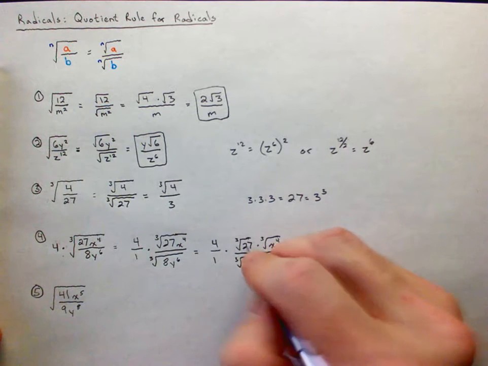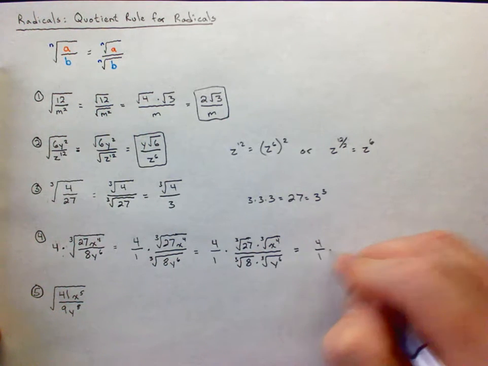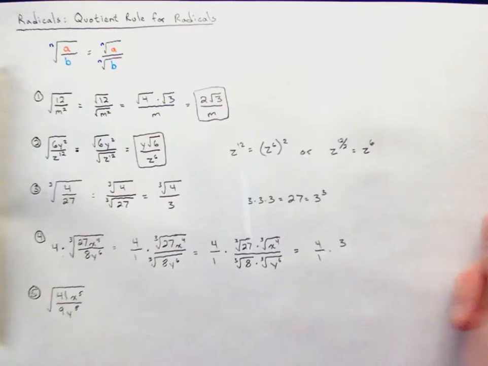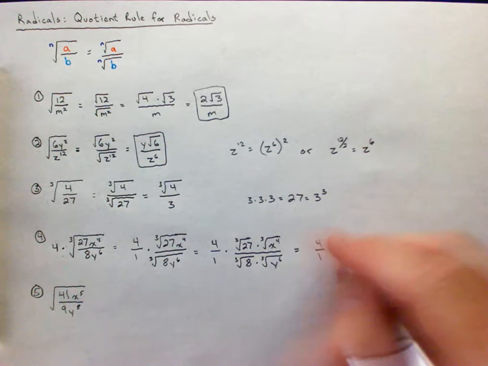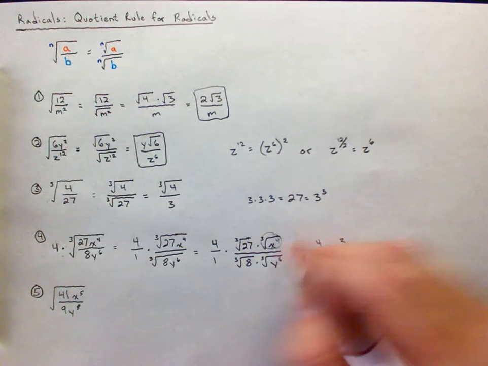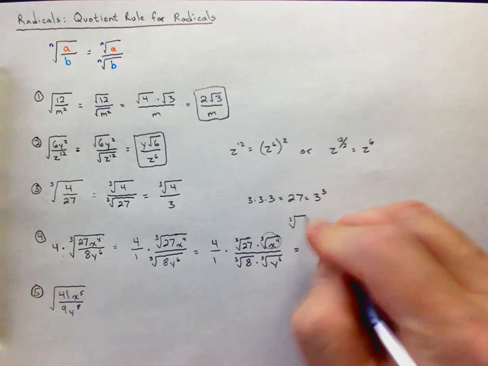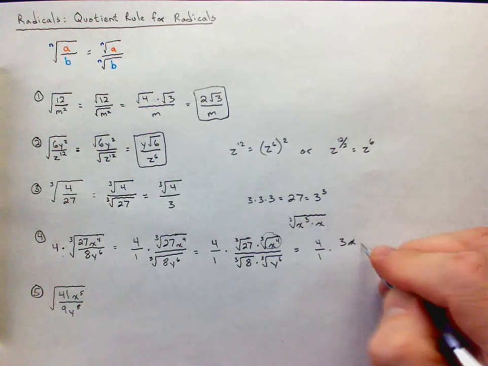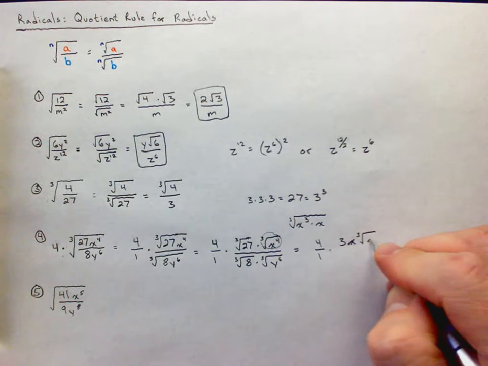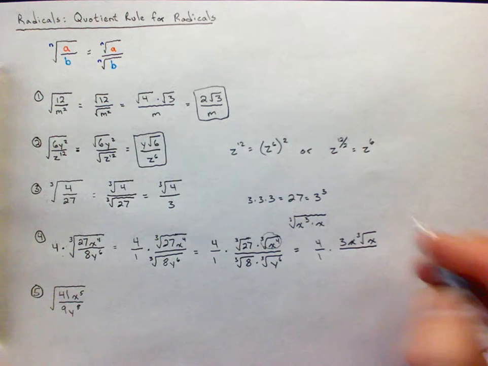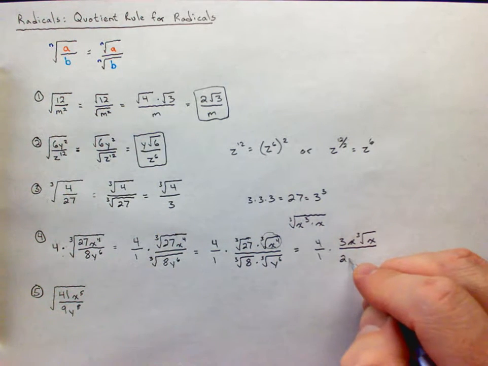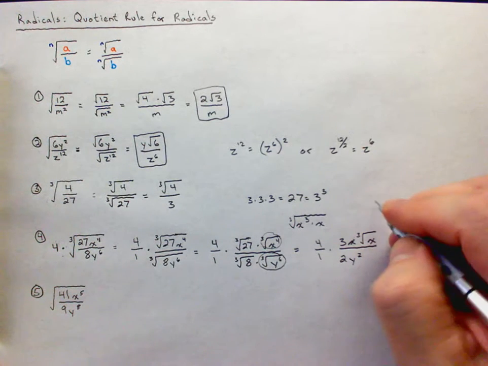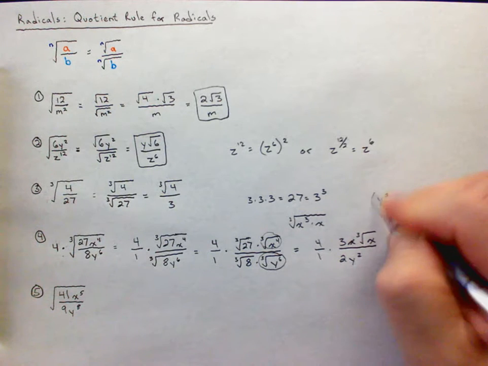Well, cube root of 27 is 3. Oops, let me not write that out yet. And this right here is the same as saying the cube root of x cubed times x. So I can pull out an x, and that leaves me the cube root of x over 2 y squared, because this right here is the same as saying y squared cubed.